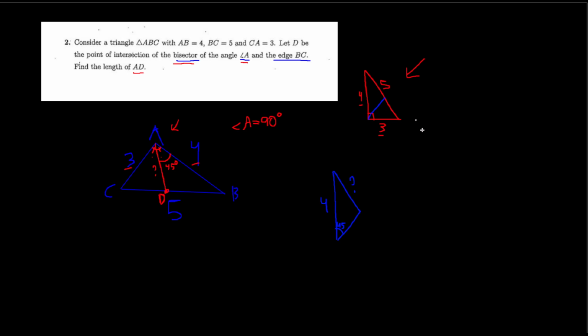The other one is the lower one, where we have 3, and this is unknown, and this is unknown. But this is 45 degrees. We actually know some other stuff about these triangles. When this is a 3, 4, 5 triangle, this is also a 30, 60, 90 triangle. So that means that this angle is 30 degrees, and this angle here is 60 degrees.